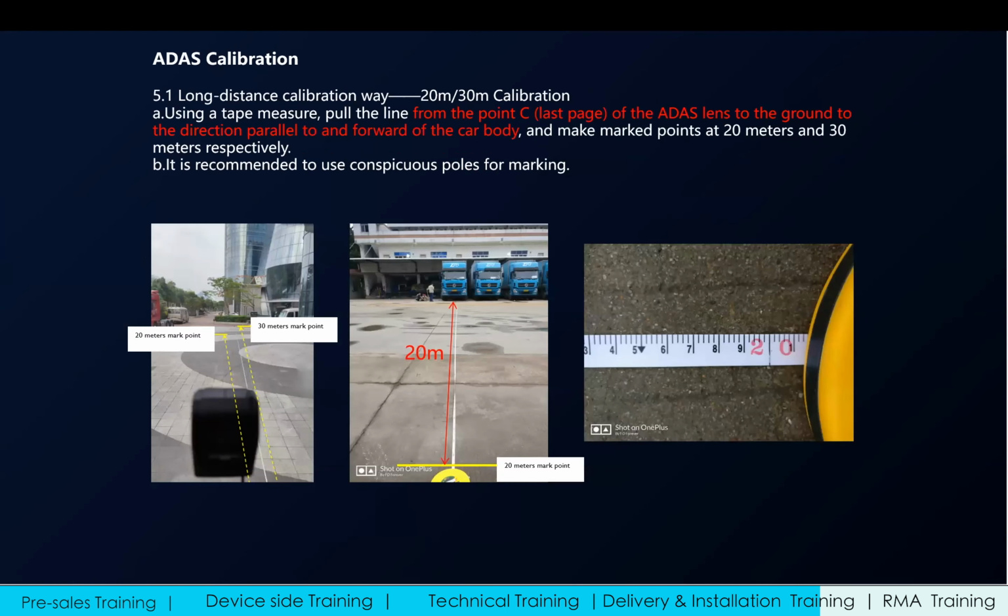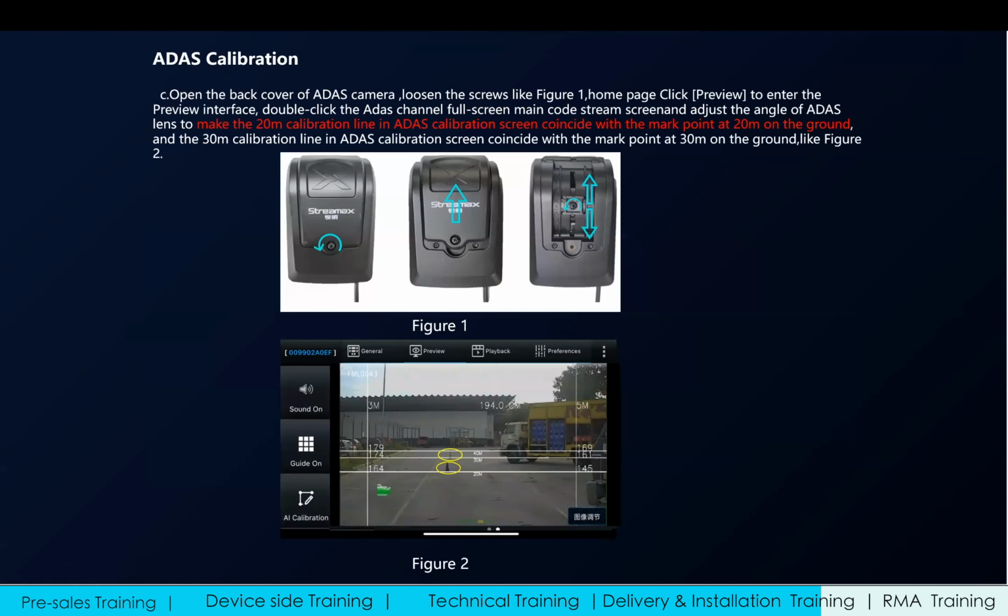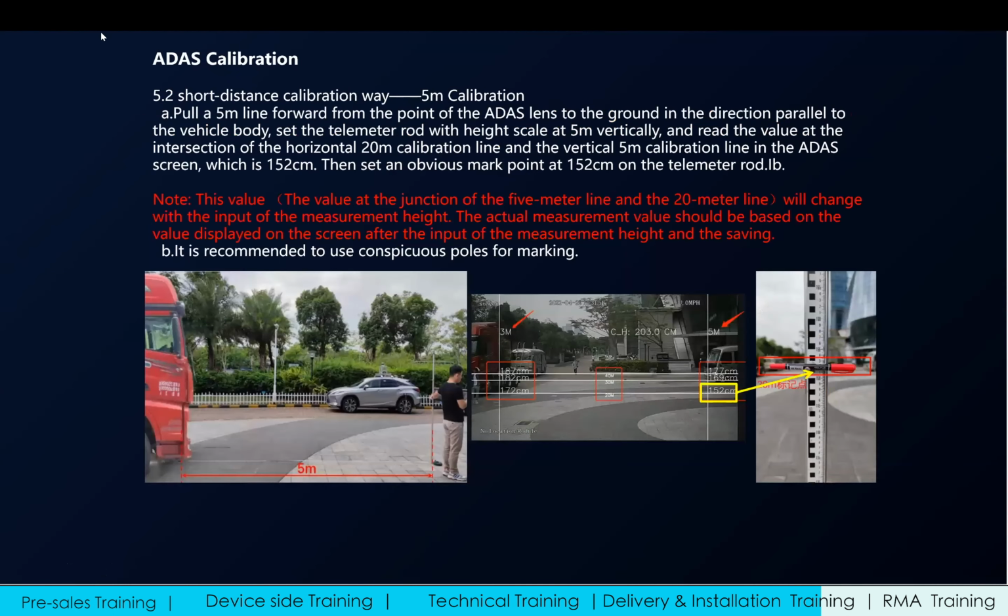That's the long distance calibration. But in some cases, the calibration site is not big enough. There is some limitation on the site. So there is another way. The short distance calibration way is a 5-meter calibration.